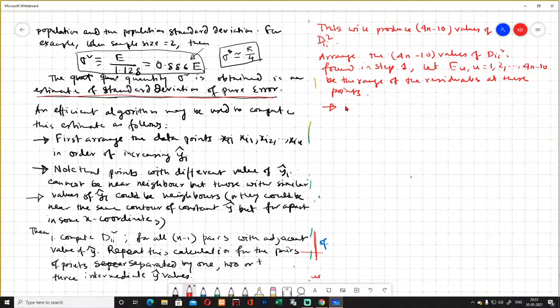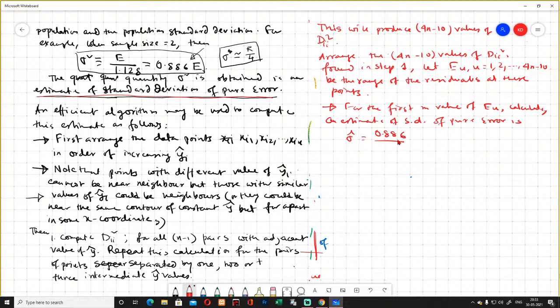Then for the first m values of u, calculate an estimate of the standard deviation of pure error: sigma hat is 0.886 times the sum of E_u for u from 1 to m, divided by m.